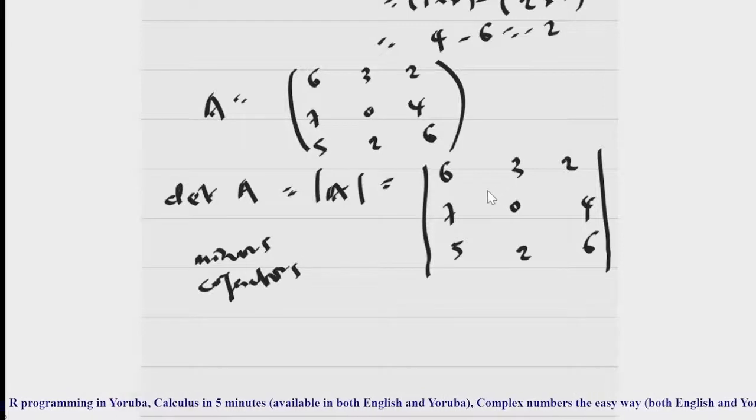I'm going to explain in a moment. When you say minor of a matrix, each element of a matrix has its own minor. The minor of an element is obtained by clearing the row as well as the column of that element.